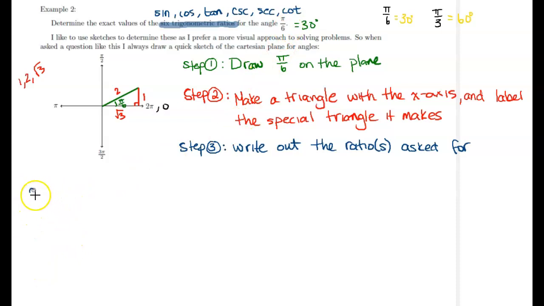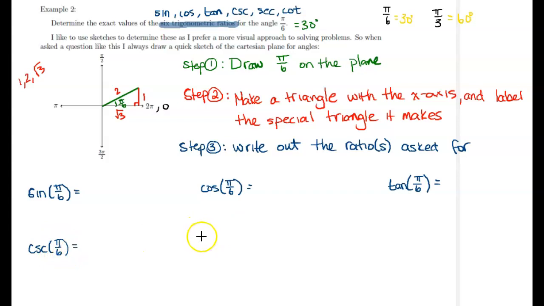That means I'm going to find sine of pi over 6. We're going to figure out what that is. Then we'll do cos of pi over 6. Then we'll do tan of pi over 6. Then we're also going to have to figure out the reciprocal trig functions. That's where we're going to do cosecant of pi over 6, secant of pi over 6, and cotan of pi over 6.